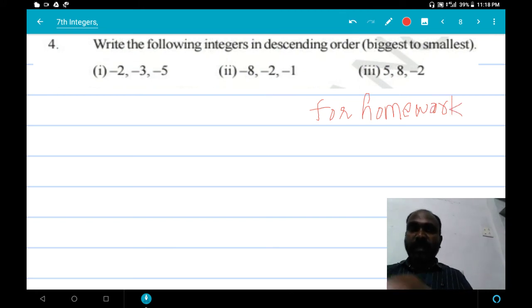Okay, I will explain only orally. Here all are negatives: minus 2, minus 3, minus 5. Here the question asks for the biggest number.